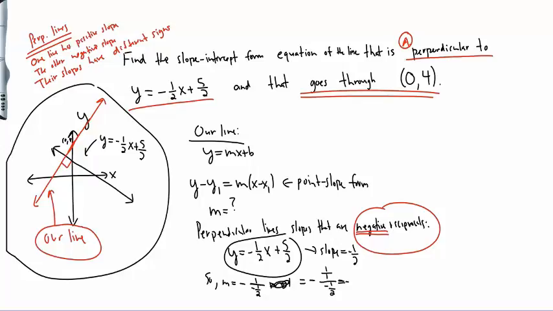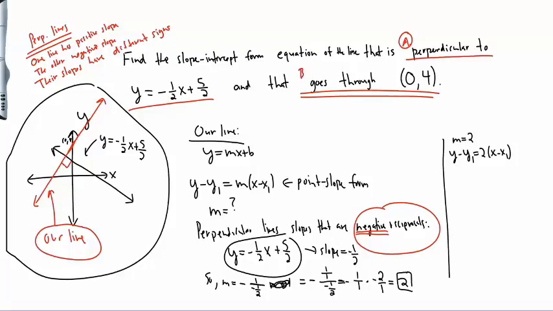This is negative 1 times negative 2 over 1, which is positive 2. So m is positive 2. And now we have this for an equation of our line.